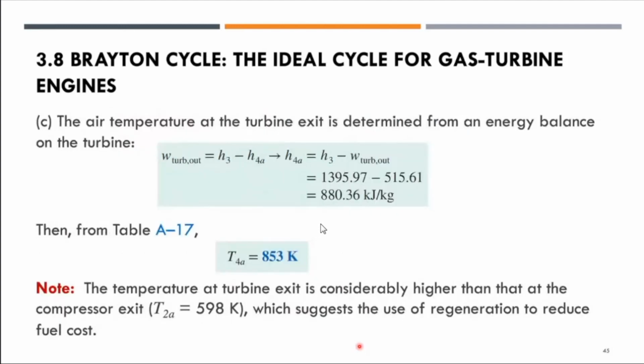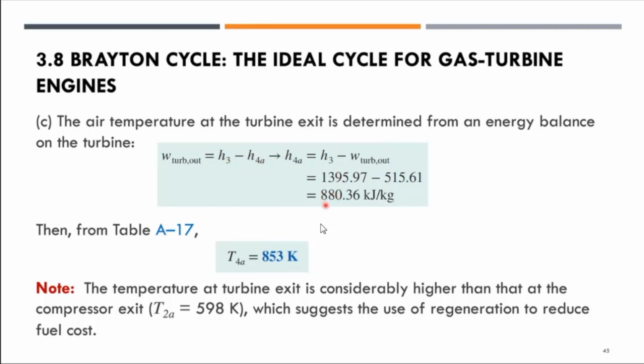Alright. So the last part of the question asks us to find the air temperature at the turbine exit. We want to find T4. Okay. In this case, it is T4A. The air temperature at the turbine exit can be determined from energy balance on the turbine. Okay, same approach that we used before.